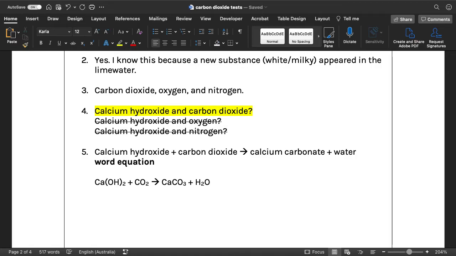Woohoo! And that's how you can do chemical symbols, formulas, and things like that on your Word document processing platform, in this case Microsoft Word.